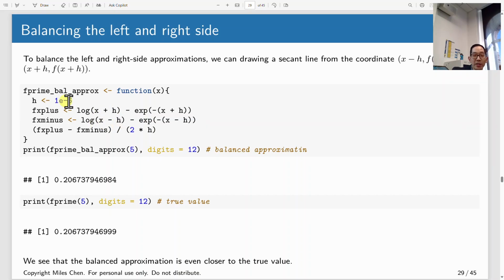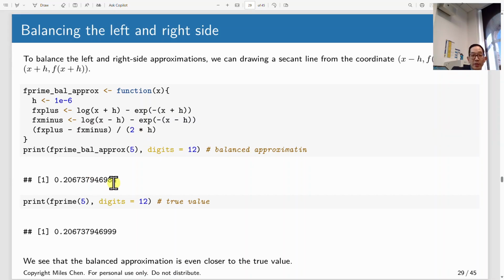Here h is 10 to the -6, and I'm going to calculate f of x plus h, so I've got log of x plus h minus e to the negative x plus h, and then f of x minus h, so log of x minus h minus e to the negative x minus h. I take the difference between those two values, the plus side and the minus side, and now the difference between my x's is going to be 2h. So I'll divide by 2h.